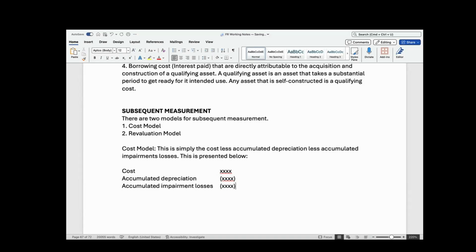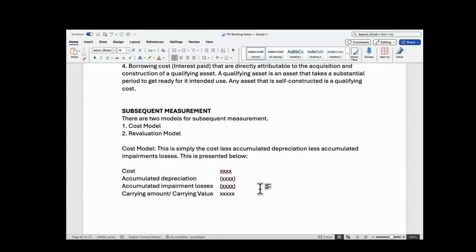So by the time you apply this model, it gives you something we call carrying amount, which is commonly called book value, right? I really need you to call it carrying amount. You can always call it carrying amount, or you can as well call it carrying value. Either one is okay for us. So this is the cost model. It's really not more than this.